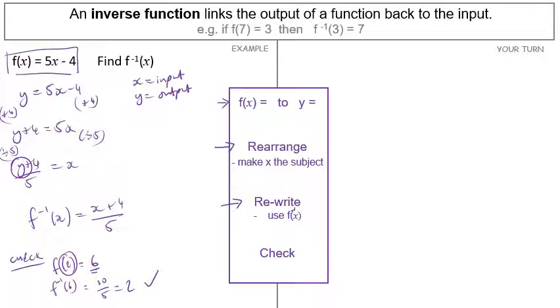This example is really similar. Have a practice. So same steps. We're going to start by writing this out as y is equal to our expression. We're going to rearrange to make x the subject.